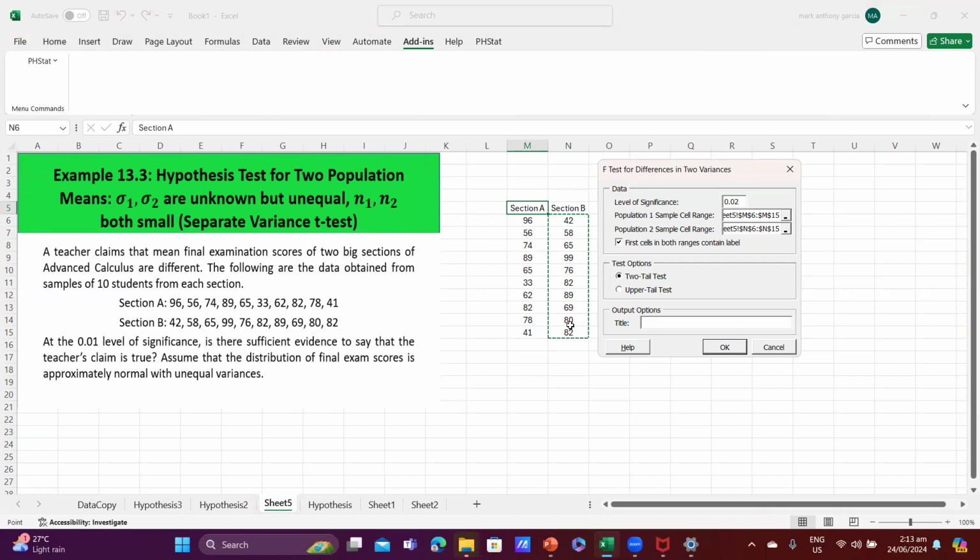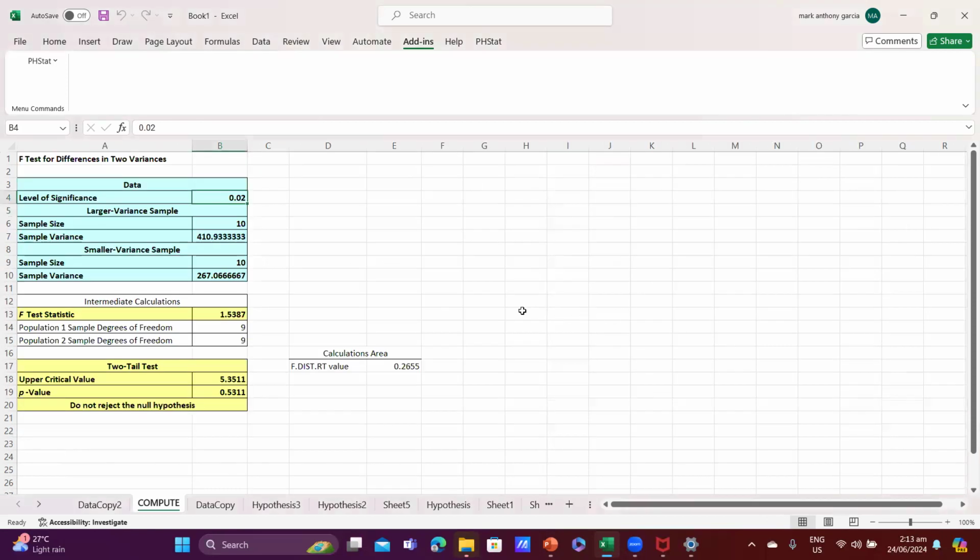Now observe that I did not include the labels when I clicked and dragged the sample cell range. So we should uncheck the first cells in both ranges contain label. Since this F test involves a two-tail test, we have to click two-tail test and then click OK.